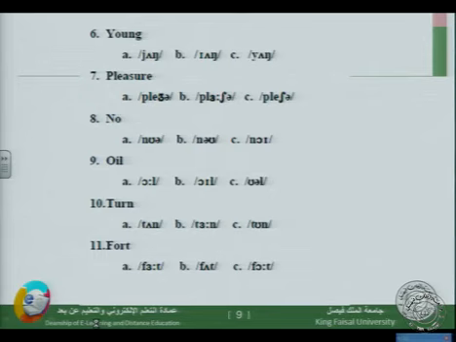Number 6, young. In English, by the way, the native speakers, they don't pronounce the last g. يعني, they don't say playing like in Arabic. They say playing, playing. هذه ان، هذه في غنة.